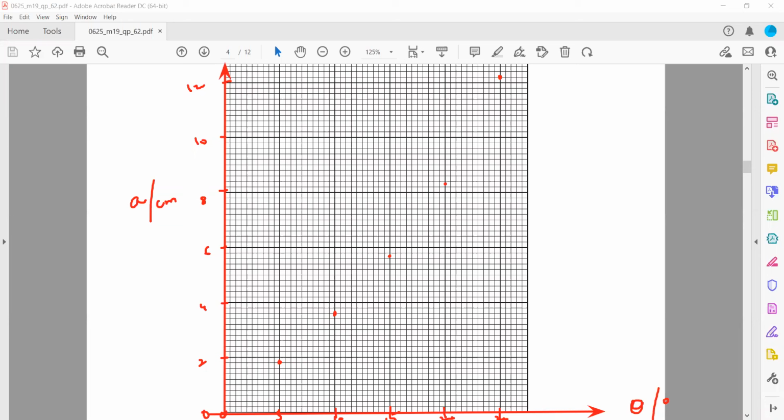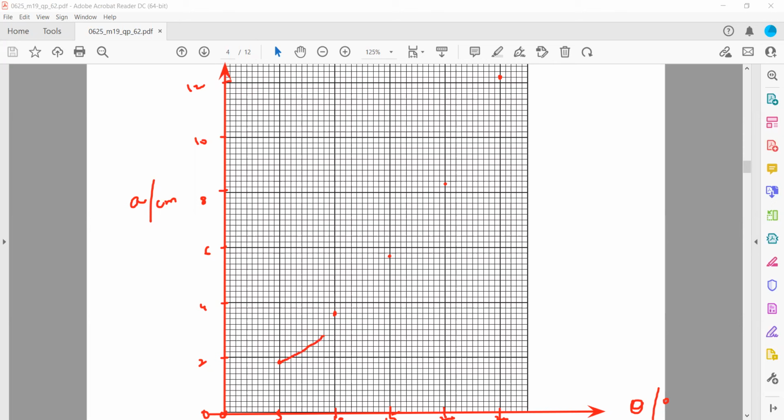To identify whether you should draw a best fit straight line or join a continuous thin line, the simple way is to check the next part. If in the next part they're asking you to find the gradient, then you will draw a best fit straight line. But if they're not asking for the gradient, then you can join these points and draw a freehand continuous line.